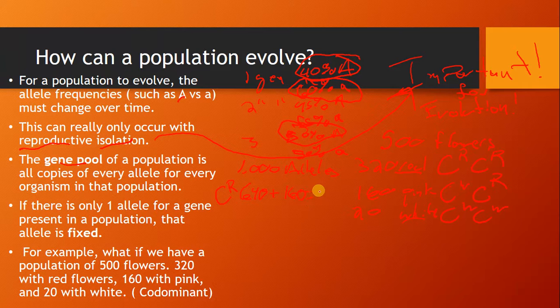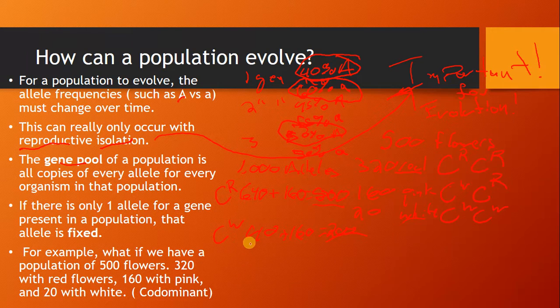So in the total population, there are 800 copies of the CR allele. For the white allele, then, the CW, there is 20. In the white, they have 2 copies, so 20 individuals with 2 copies, that's 40, plus 160, or 200. So there's 200 copies in this population as well.